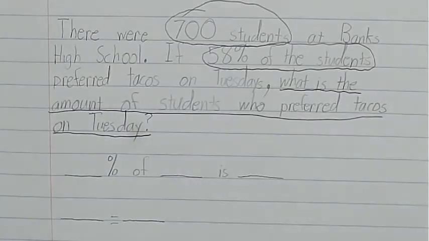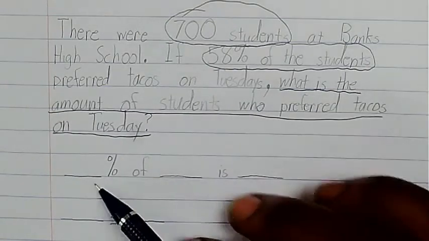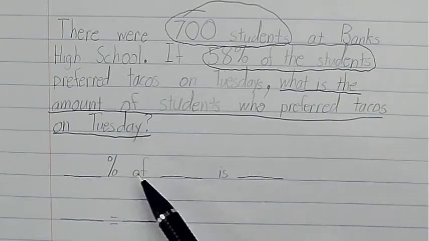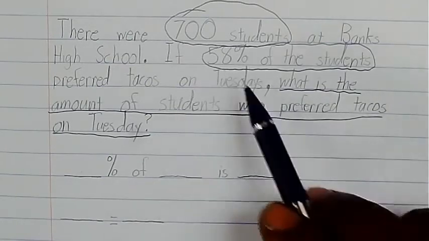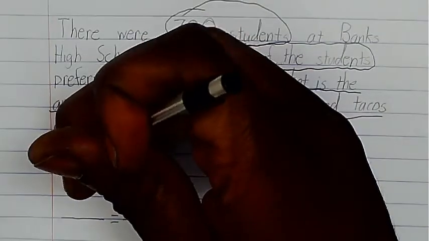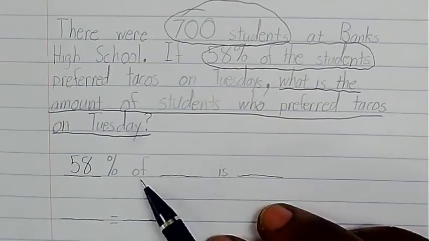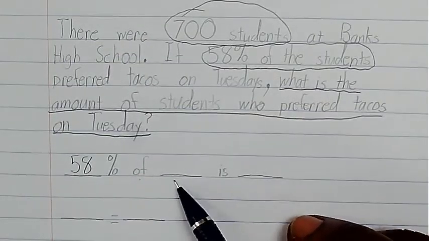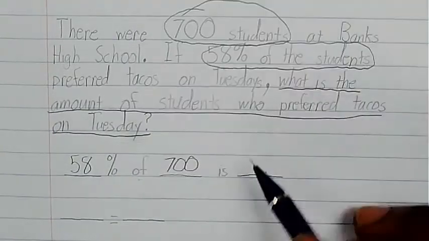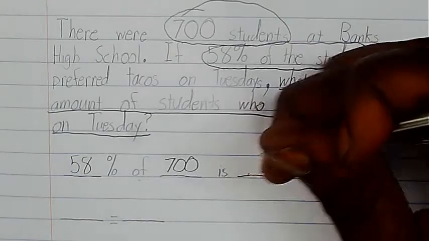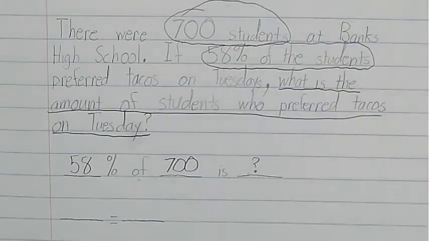So now we're going to set this up using this statement. The percent of blank is blank. Well, we know the percent is 58 of the total, which is 700, is blank. So this is the part that we're looking for. All right.